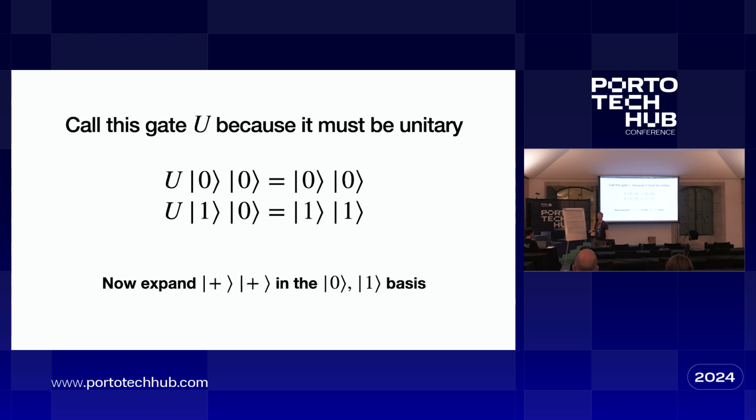If I multiply this out, how many terms does it have? Four. This times this, plus this times this, plus this times this, plus this times this.